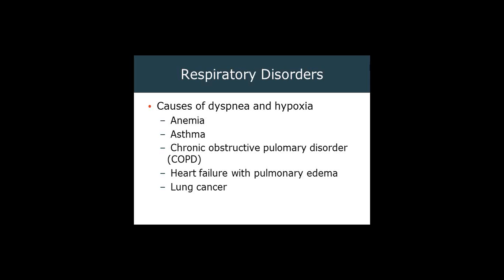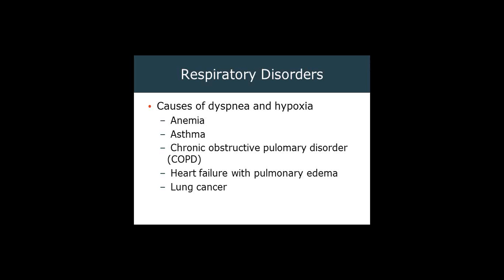So there's also the possibility of lung cancer, asthma, which they may have battled their entire life, and anemia, which is not really a respiratory disorder. It's a blood disorder, but it is usually going to crop up with a little bit of shortness of breath.